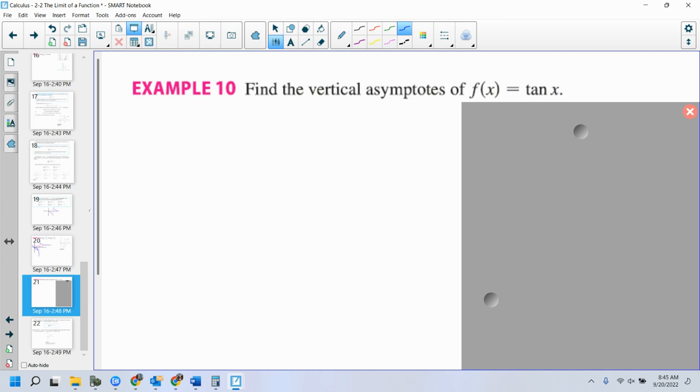All right, find the vertical asymptotes of tangent x. Now, you might know where the vertical asymptotes are just from your past experiences. But let's take a look at it with the ideas of limits.